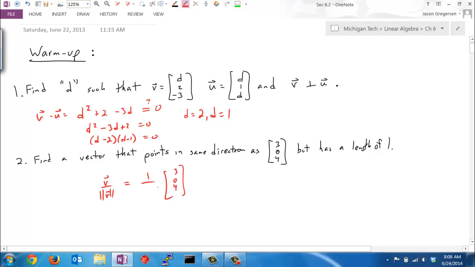Its length is going to be the square root of 3 squared plus 0 squared plus 4 squared. 3 squared is 9, 4 squared is 16, together that's 25, and the square root of 25 is 5. So this is what we have there. So this would be the unit vector. Any questions about those two problems from the warm-up?